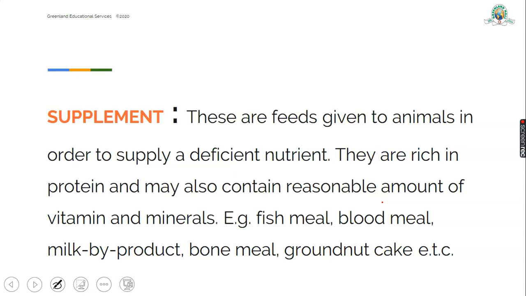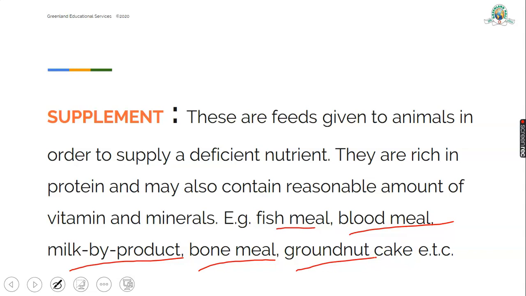The animal is not lacking all the classes of food. A particular food type that the animal is lacking, when such food is supplied to the animal, then you are giving supplement food to such an animal. Examples, we have mentioned them before: fish meal, blood meal, milk byproduct, bone meal, groundnut cake.